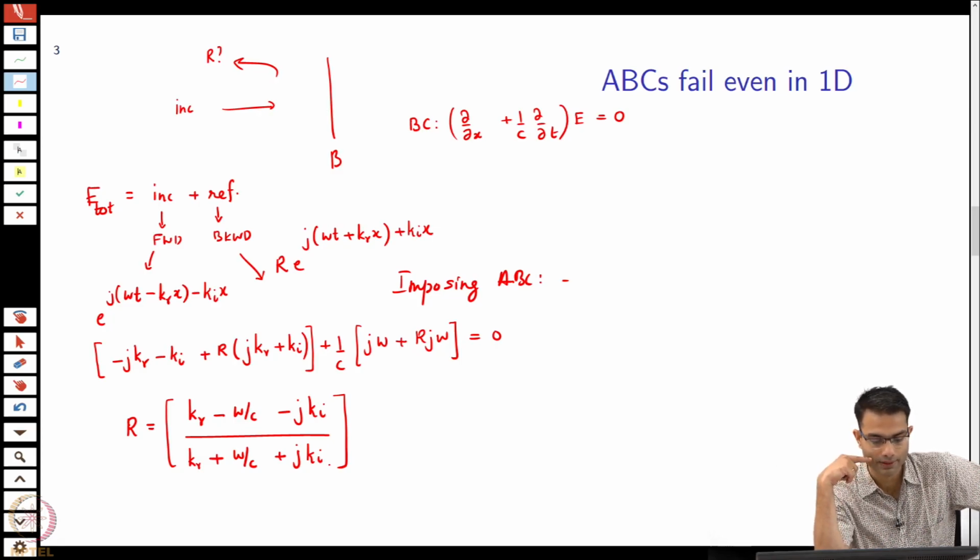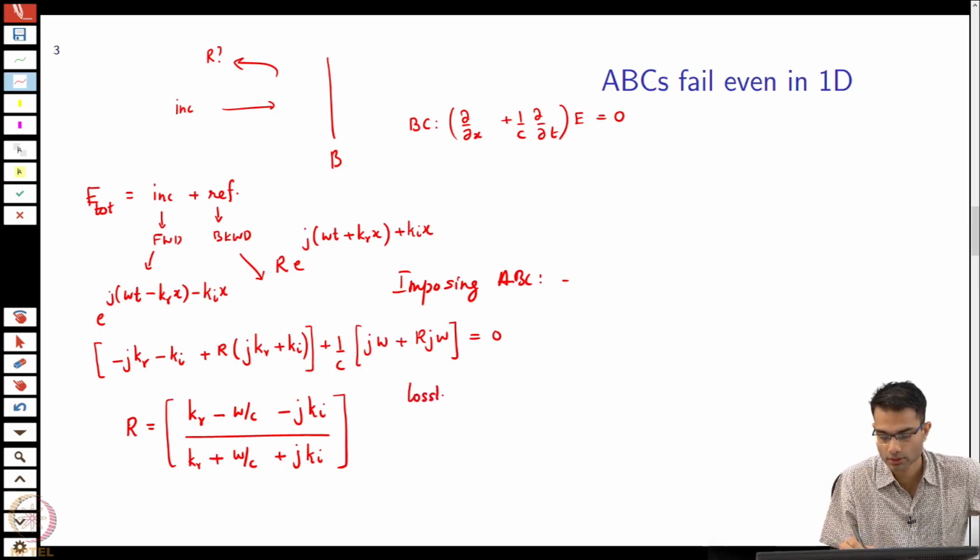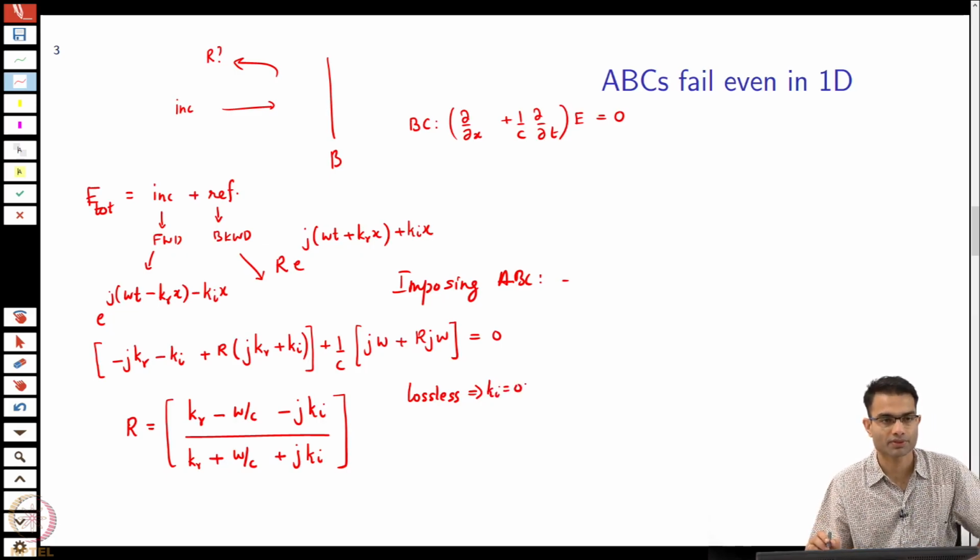First of all, look at when ki is 0, right. So, lossless, what happens now? Can I make r equal to 0? Yes, how? Right.